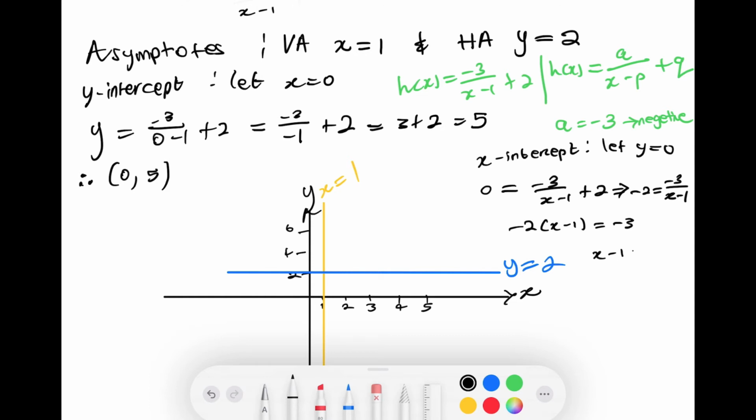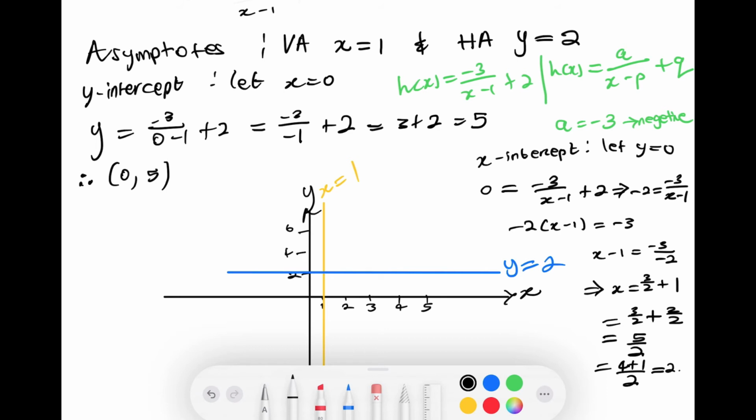You get x minus 1 is equal to negative 3 over negative 2, which implies that x is equal to 3 over 2. Take 1 to the other side, we get plus 1. This is 3 over 2. You can write 1 as 2 over 2, and you get 5 over 2. But what is 5 over 2? You can write 5 as 4 plus 1, then divide by 2.